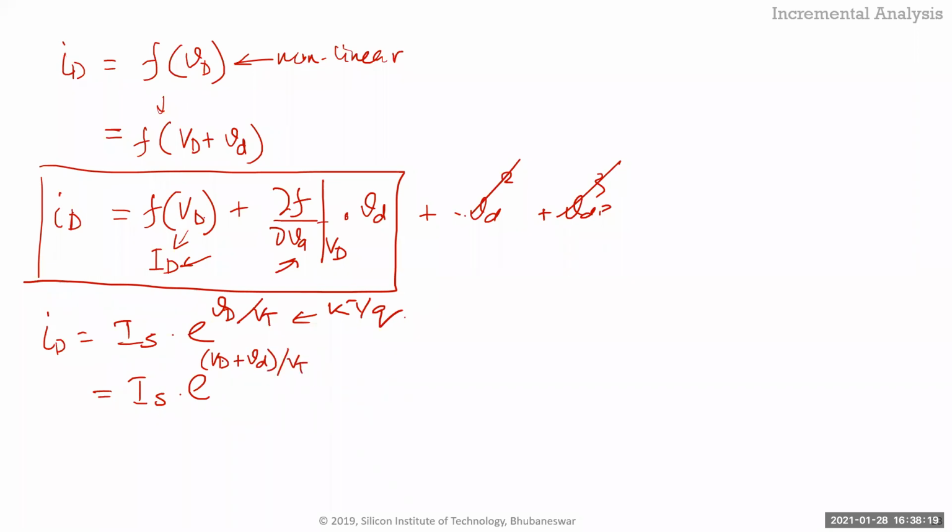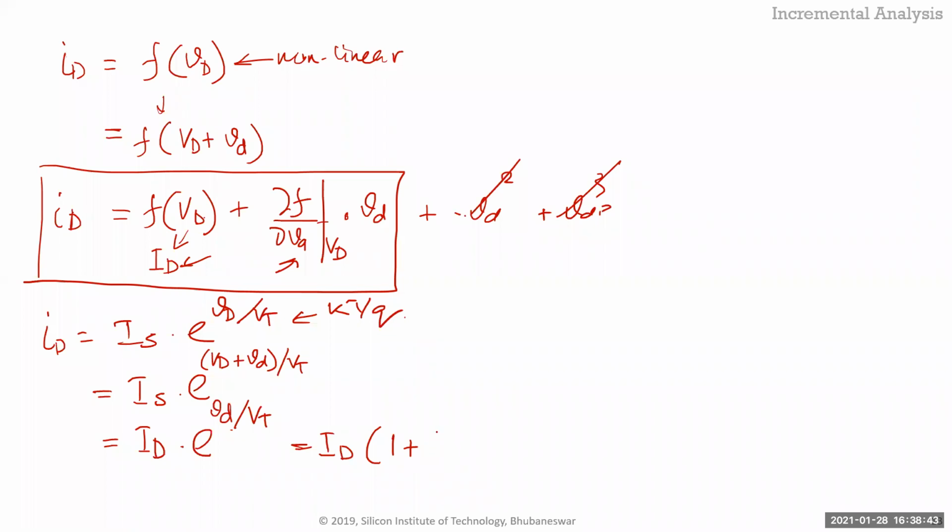And then if you bring the VD out, because it's exponential, it's e to the power VD times e to the power small vd, right? So that is your DC current, times e to the power small vd over VT, correct?